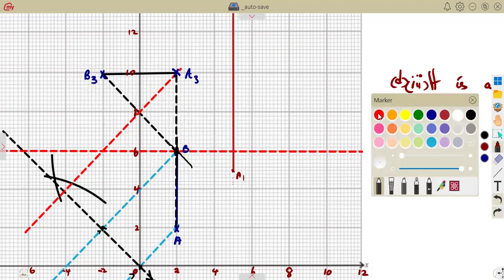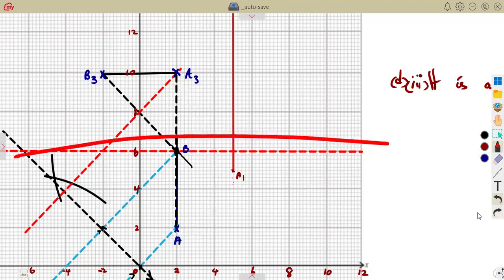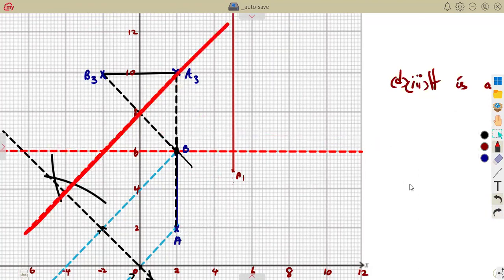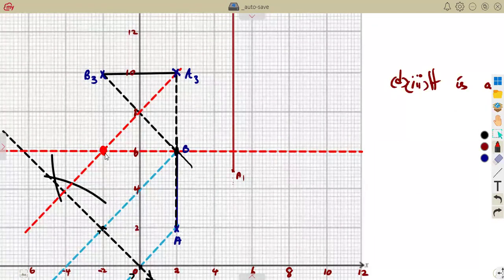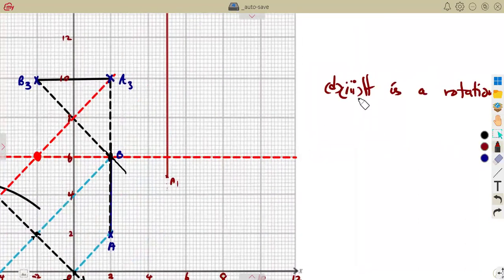So these bisectors, the bisector of A to A3, which is this line, and B to B3, which is this line, they meet at this point. Where the bisectors meet, remember, I said that is your center. So you're going to have the center of rotation where these 2 points meet, where x is -2 and y is 6. That's a point. The center.